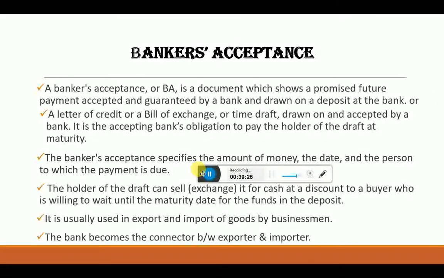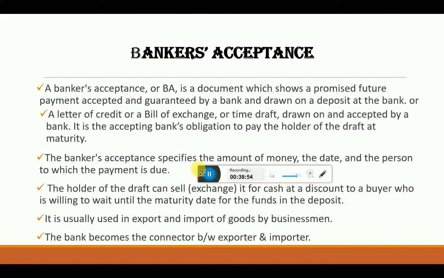This document is basically issued by a bank, and that bank issuing this document becomes the connector between the importer and exporter. You know that the exporter is in one country, the importer is in another country, and they do not know each other, and they cannot trust one another. But the exporter has a bank account, the importer has a bank account. Their banks can be trusted.